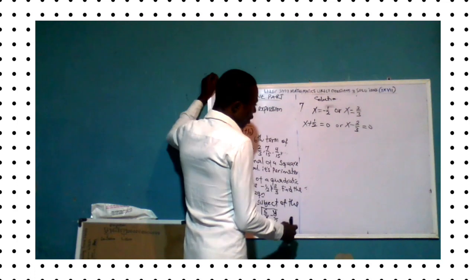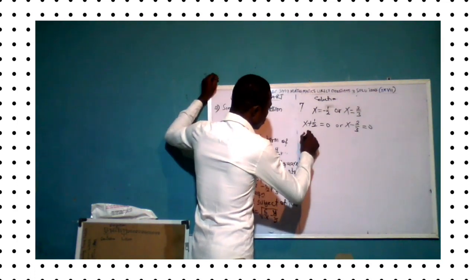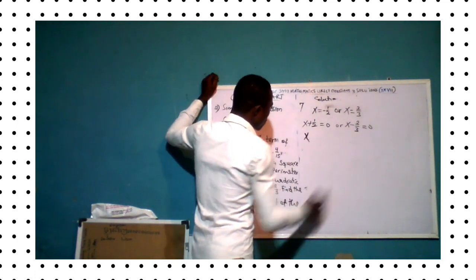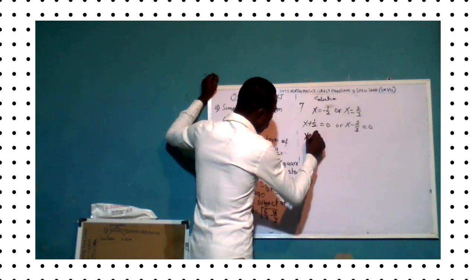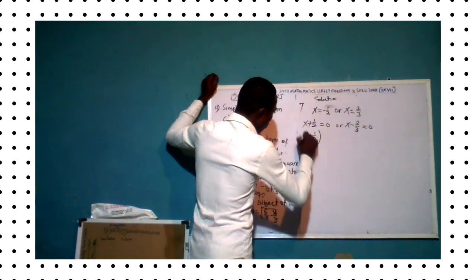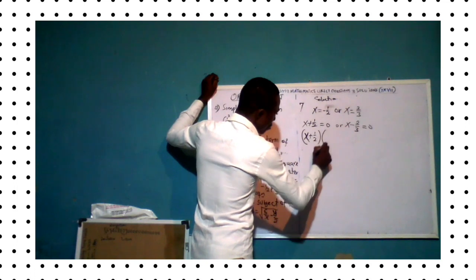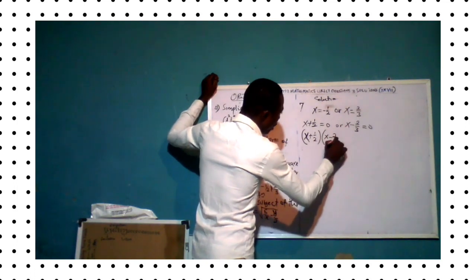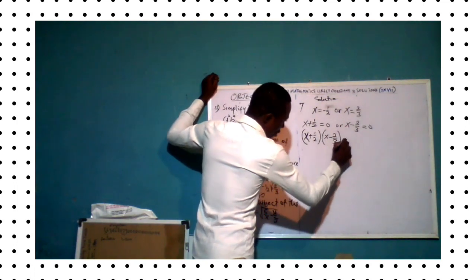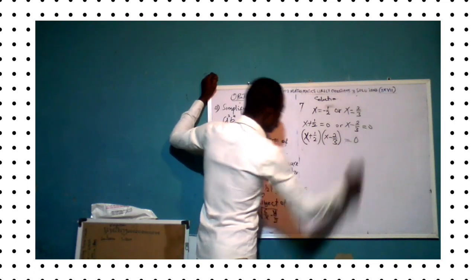And it just means that if this is equal to 0 and this is equal to 0, if you multiply them together, of course it will give you 0. So therefore, you have x plus 1 all over 2 in brackets, and also x minus 2 all over 3 in brackets, with the product of both giving you 0.